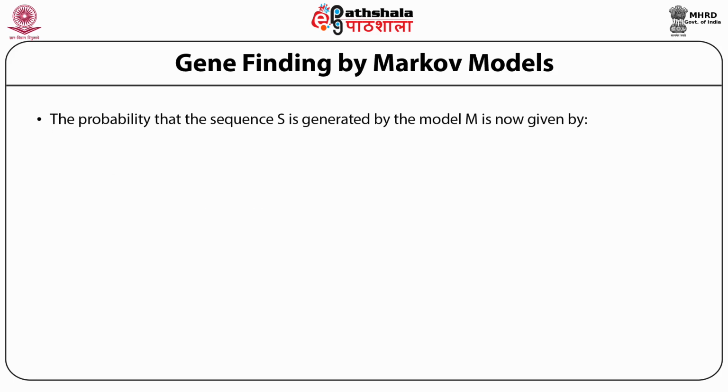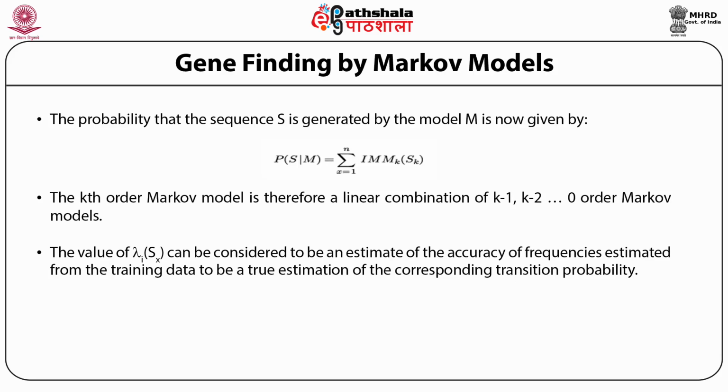So the probability that a sequence S is generated by a model M is given by the scores obtained from this interpolated Markov model, a summation of the scores for every possible k-length window. Therefore, the kth order Markov model is just a linear combination of its lower order Markov models.